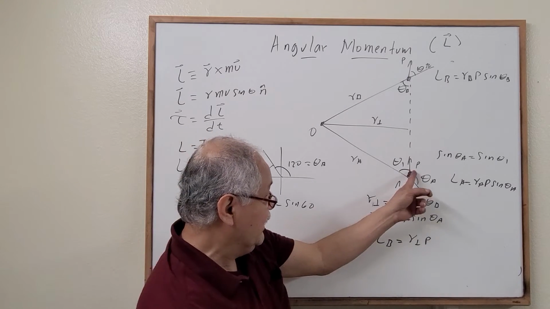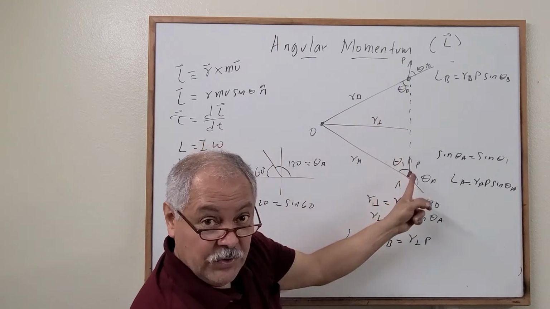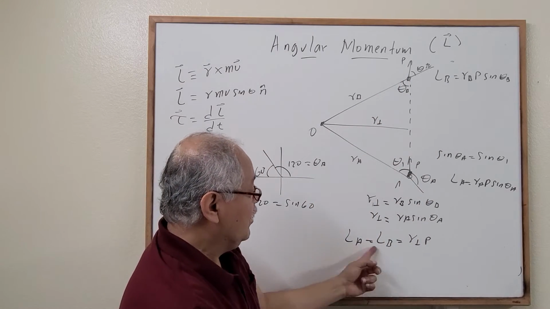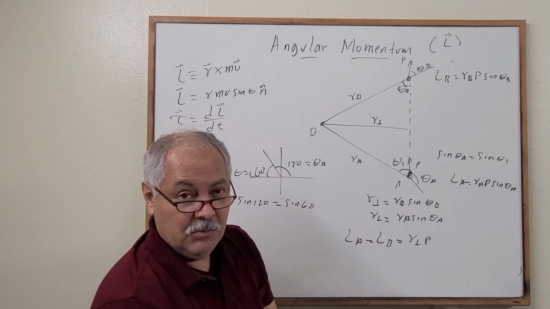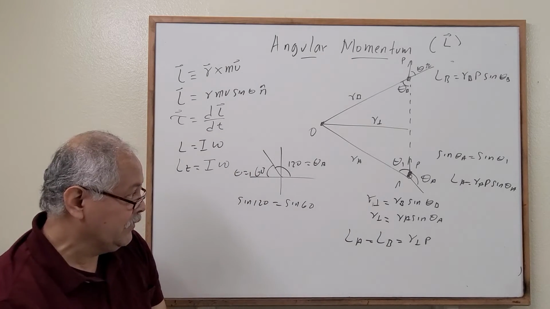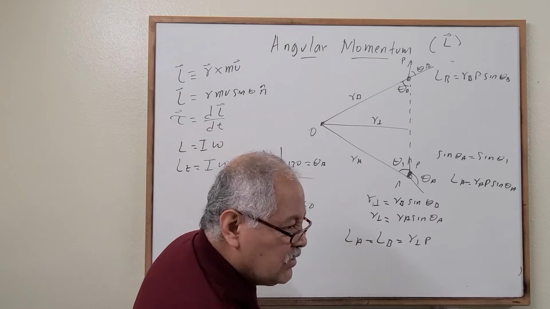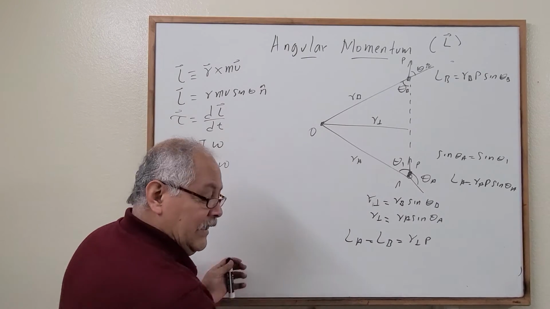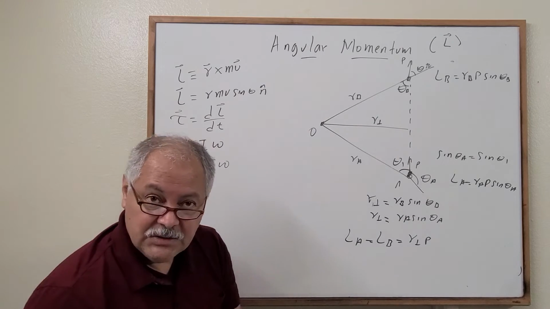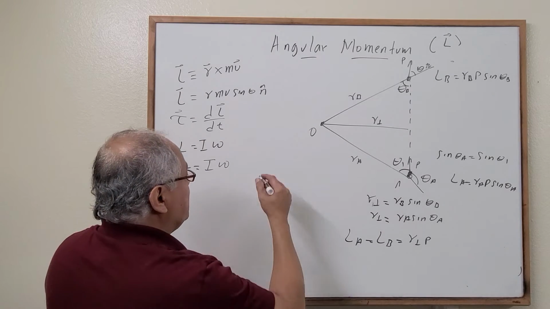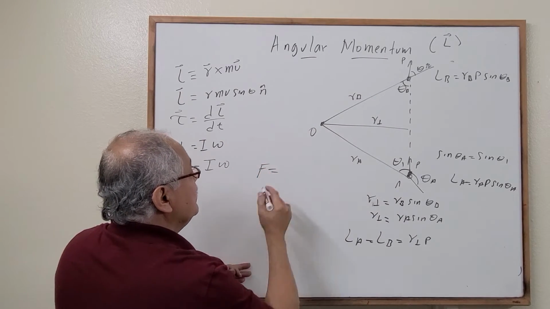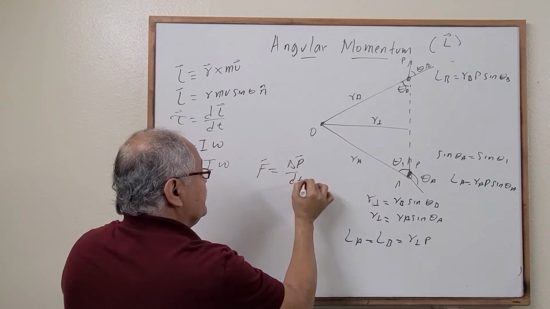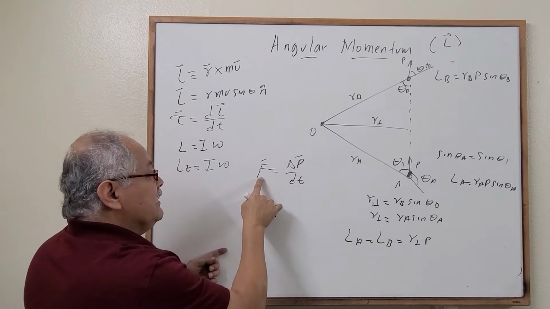So even though the linear momentum is along a straight line, we can also relate it to an angular momentum, and that angular momentum is constant. How can we get a constant angular momentum? Well, in the same way we did for linear momentum. For the linear case, remember we use force. Force is equal to the change in momentum with respect to time. This is the external force.